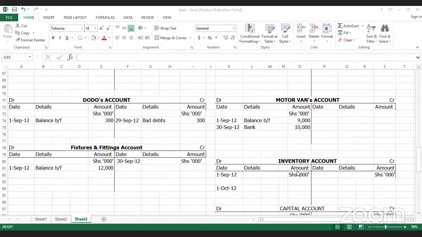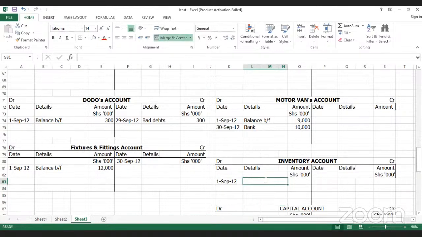So we are going to debit that opening balance of inventory in this account. That is on 1st September 2012. We need to enter that opening balance.